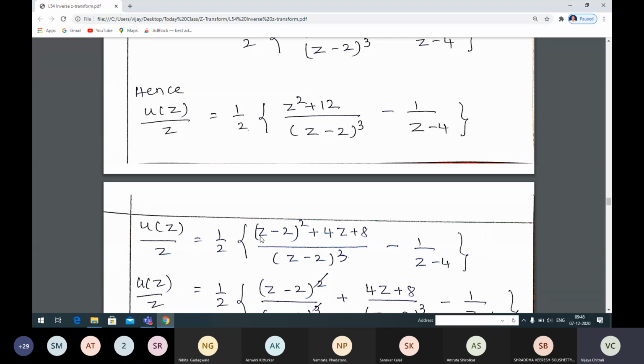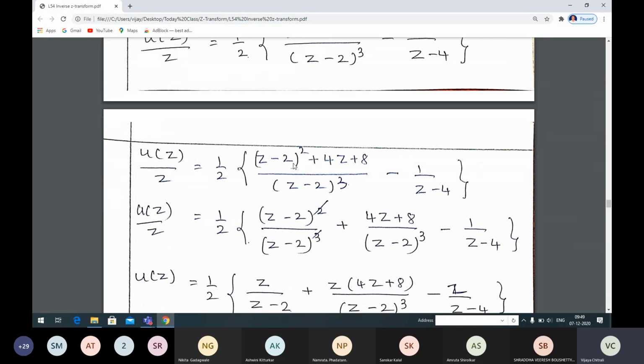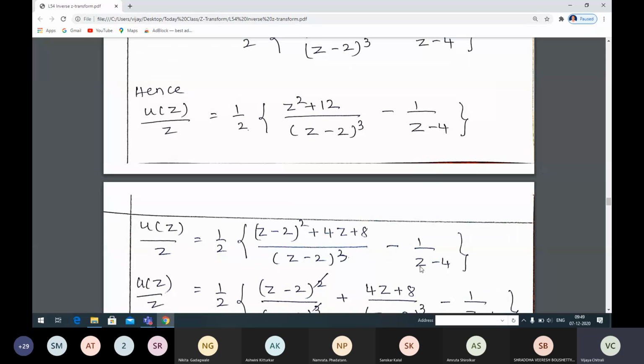So we can write z² + 12 as (z − 2)² + 4z + 8, divided by (z − 2)³.